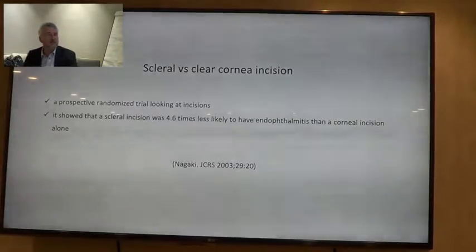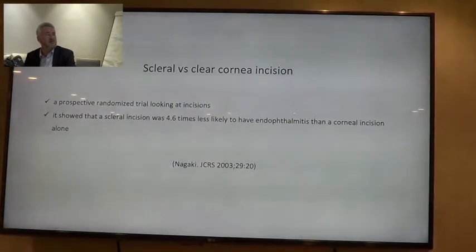There is some controversy regarding scleral versus corneal incision. There were some studies, like this study from 2003, showing that the scleral incision was nearly 5 times less likely to have endophthalmitis than a corneal incision alone. And as you remember, the ESCRS study, the only prospective study done so far, also confirmed that scleral incision is safer than the corneal incision.